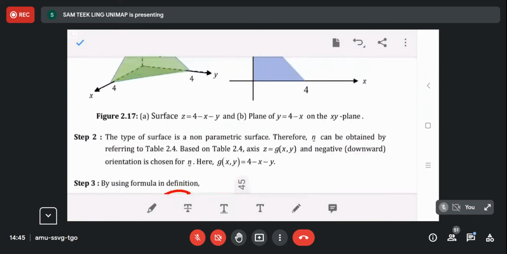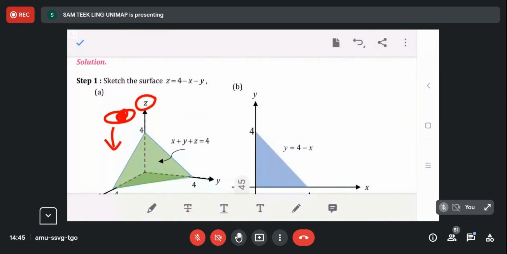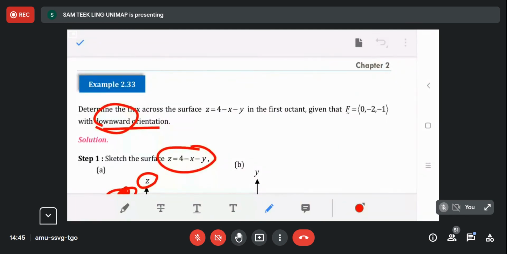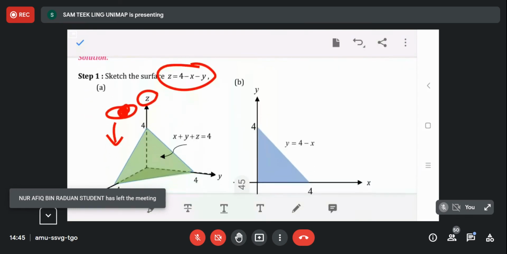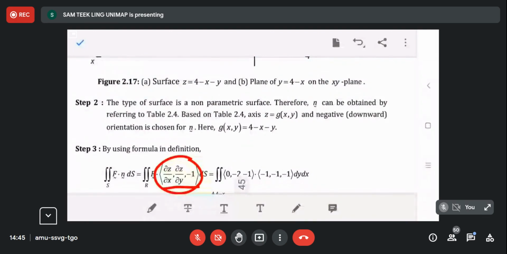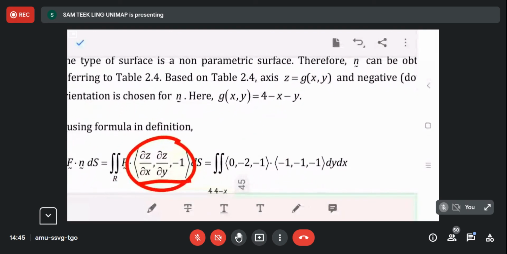You differentiate this one with respect to x, from your question, z with respect to x. So this one is your z.